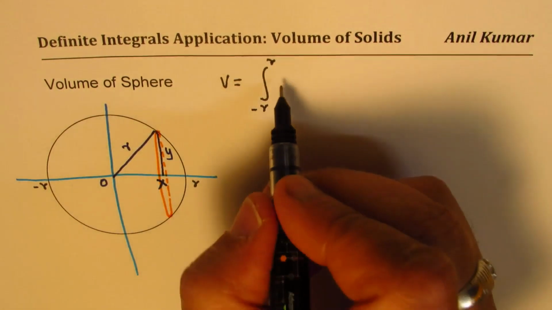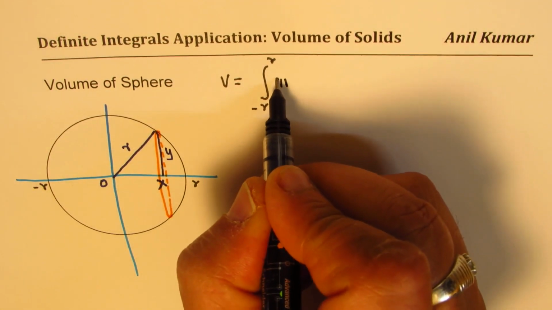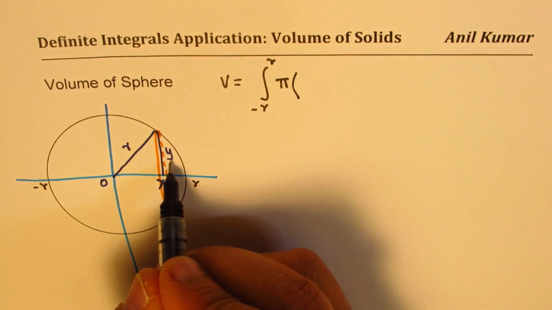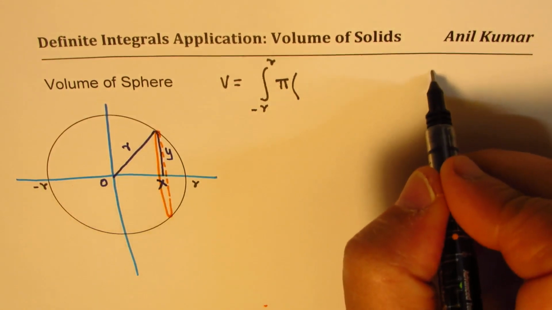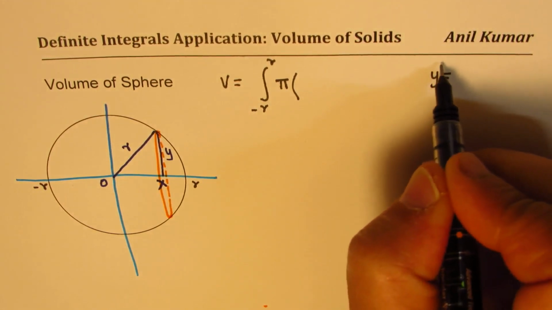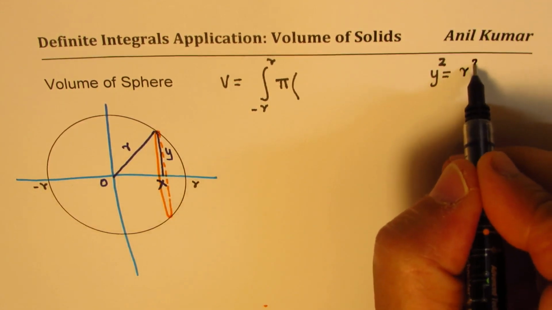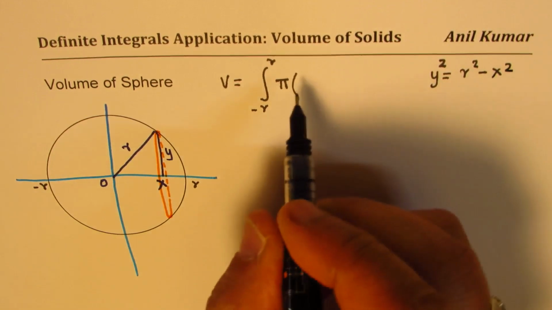The area of each disk is pi times radius squared, where the radius is y, and we found that y squared is equal to r squared minus x squared.